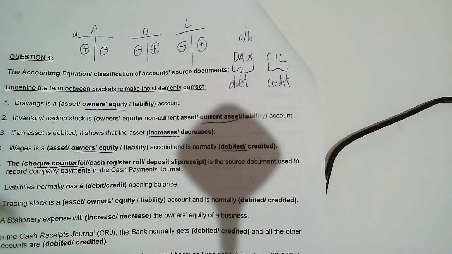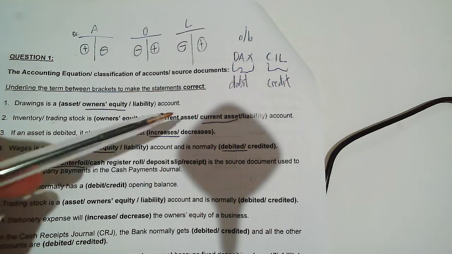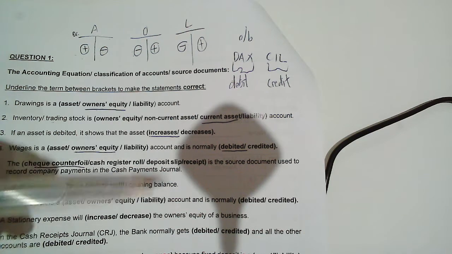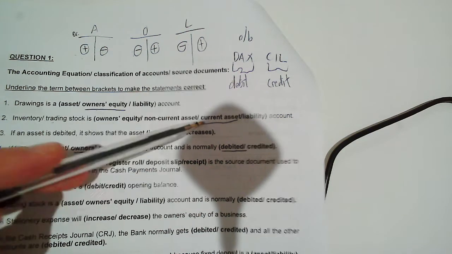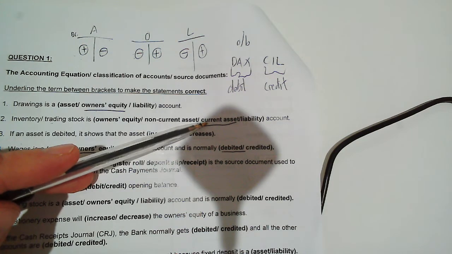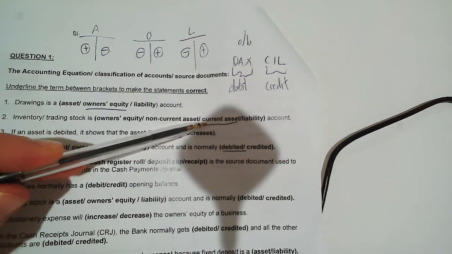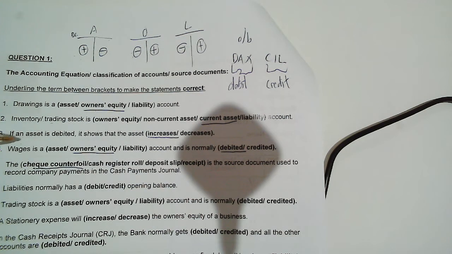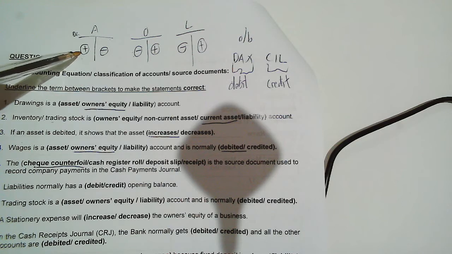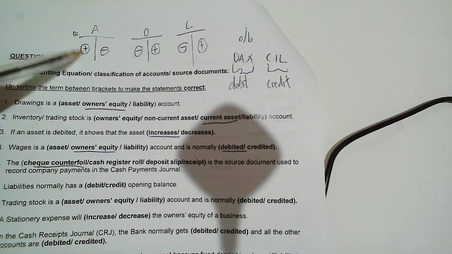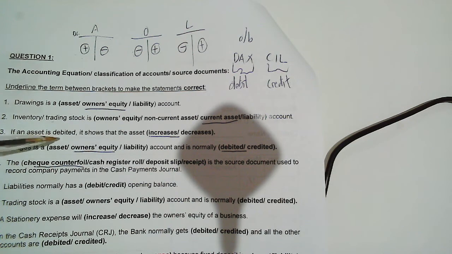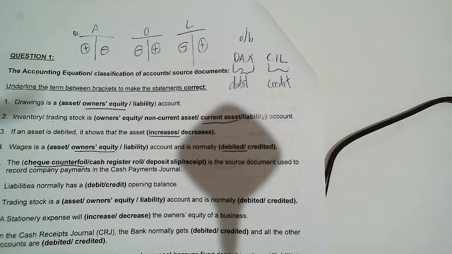Because we are turning it over into money within every couple of days or every couple of weeks, and that's less than 12 months. So that is why it will be a current asset. If an asset is debited, it shows that the asset increases. You will see on the debit side the plus, it increases if an asset is debited.